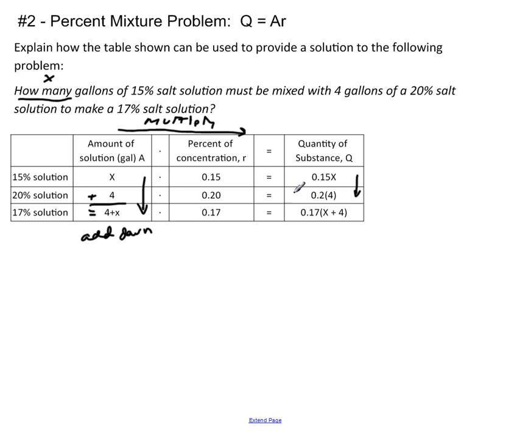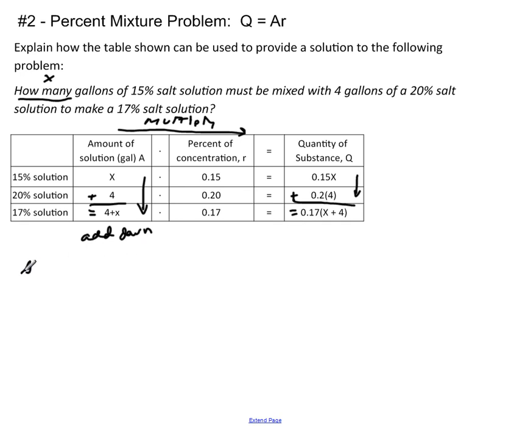Now, we would add that down the column, and what we would find is that the total amount of salt will add up, right? Whatever amount of salt we have in our first solution plus whatever amount of salt we have in our second solution will be equal to the total amount of salt in the total solution. So we add down the column right here, and lo and behold, there's our setup once again.